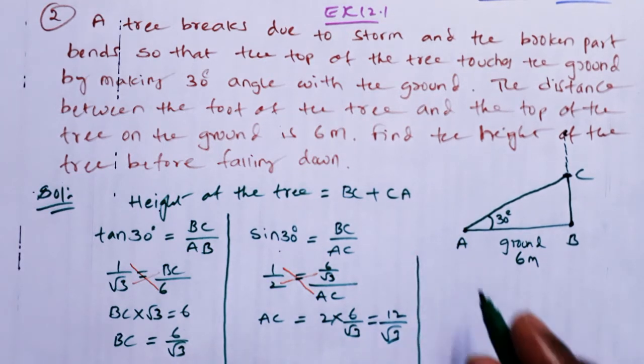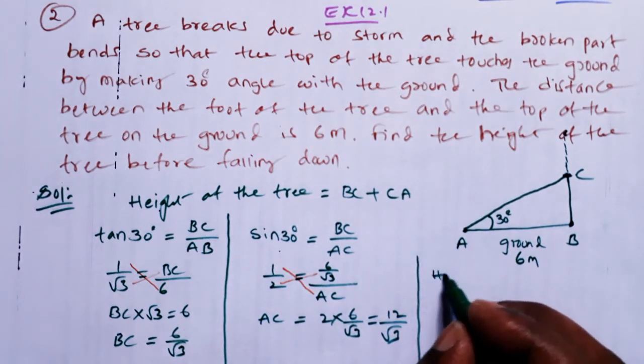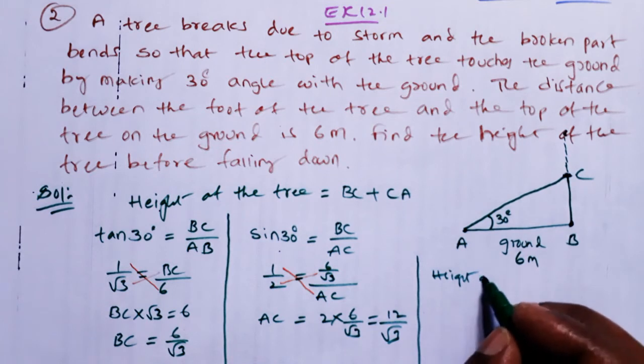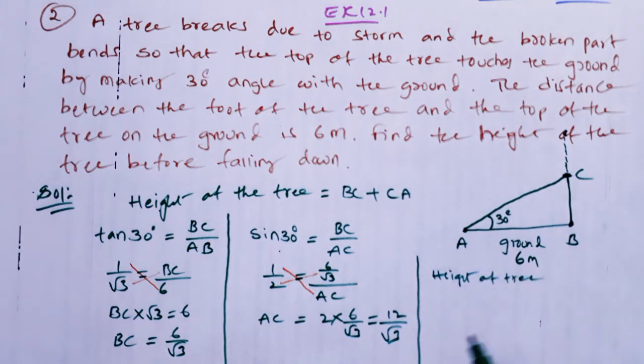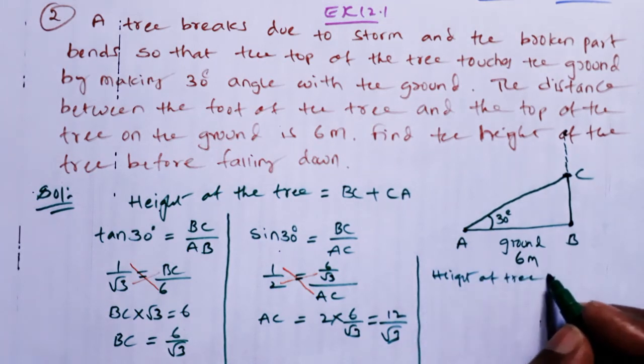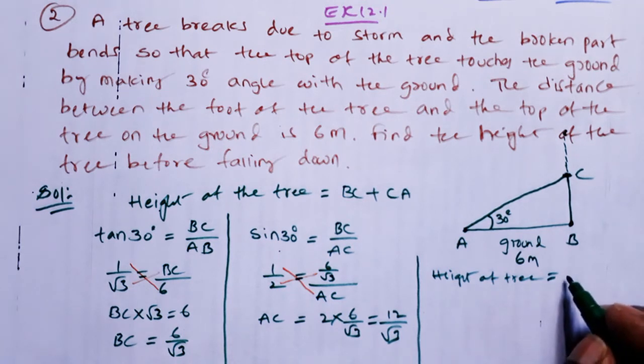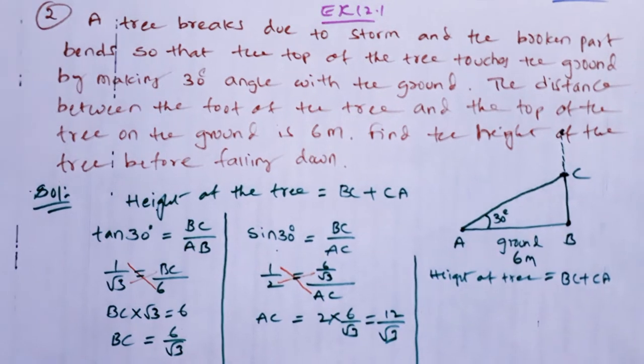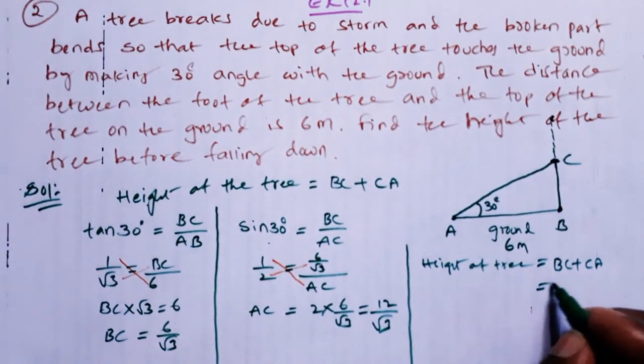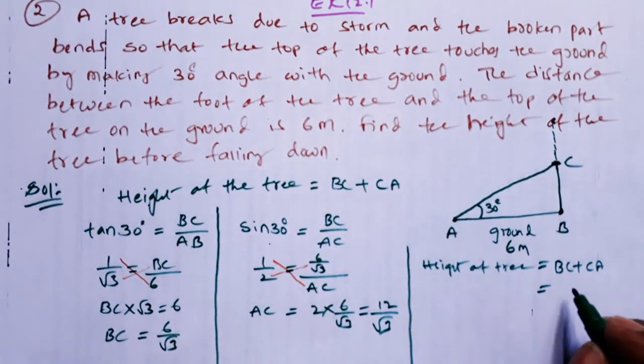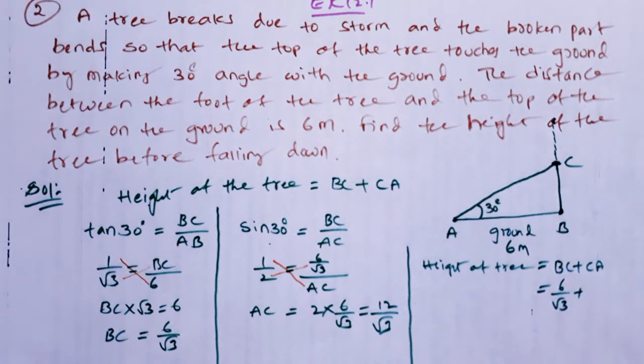Now the height of the tree equals BC plus CA. BC here is 6 by root 3, plus CA is 12 by root 3.